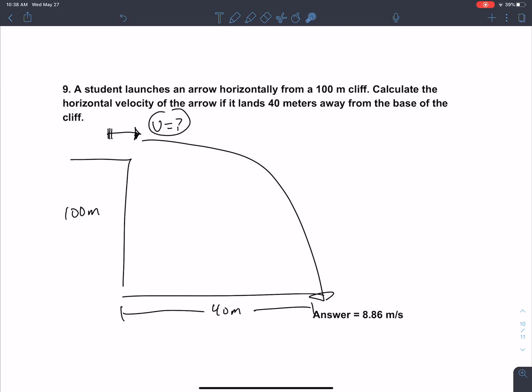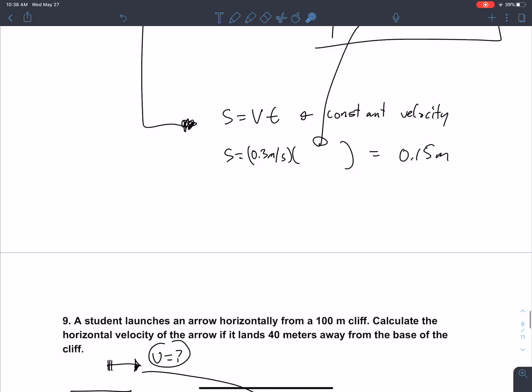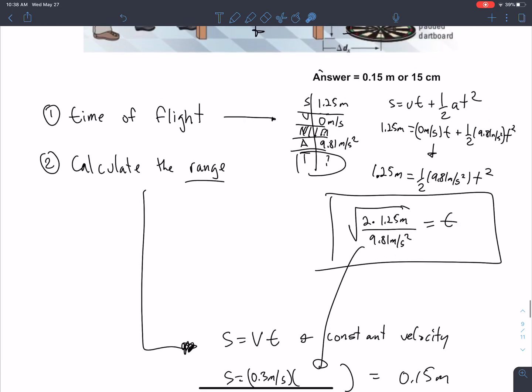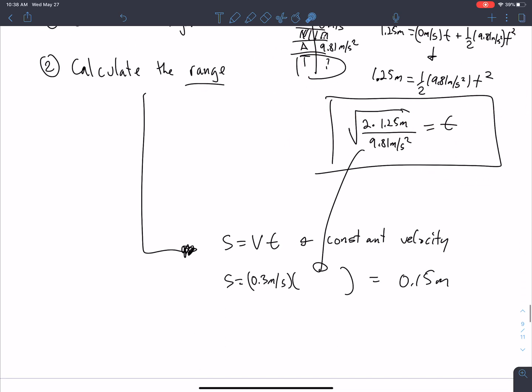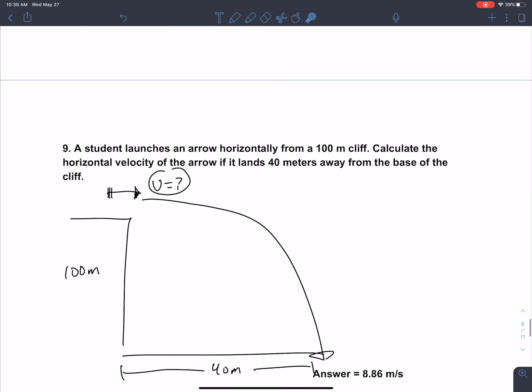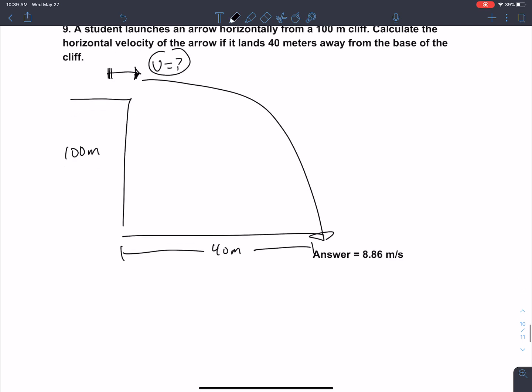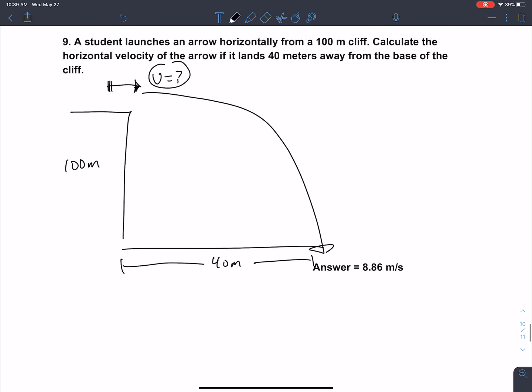In order to answer this problem, you have to work everything out backwards. Same thing: you need to first calculate the time of flight using this relationship, and then after calculating the time of flight, you use this formula to calculate the velocity. So step number one, I still have to calculate time of flight.